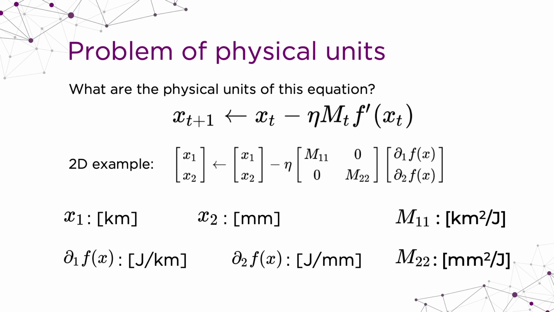If I multiply this one with this one, the joule will cancel out, the square will be removed by the denominator here, and I retrieve kilometers for the first and millimeters for the second one. So at least I need this matrix in front of my gradient so that this update equation will make sense. Otherwise, my naive implementation of gradient descent was not making sense in terms of physical units. I need this matrix in front that will rescale my gradient in a proper way.